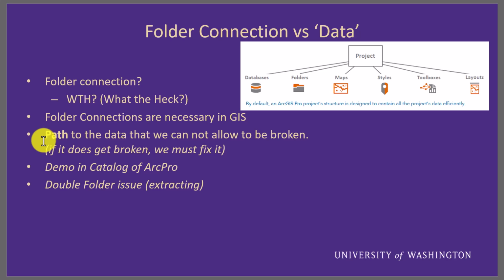Hey, your data is in this folder. I will give you a demo in class using Catalog of Arc Pro. I will also give a demo of extracting, so you don't have what's called a double folder issue. This is just a heads up for some of the demos that you'll see in class.